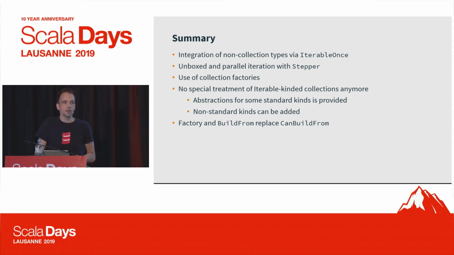And it also supports unboxed iteration of collections. Then we used collection factories, and we saw that there is no special treatment of iterable-kinded collections anymore. All the different kinds are on equal footing, and they're all supported. And you can add your own abstractions, just with a bit of boilerplate for BuildFrom and Factory. And these last two types replace CanBuildFrom in a simpler and more directed way.